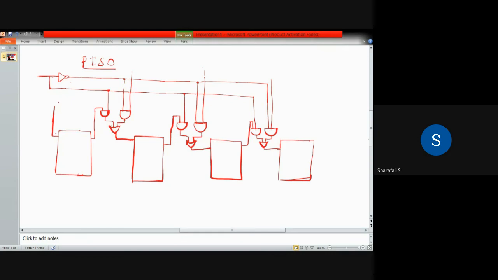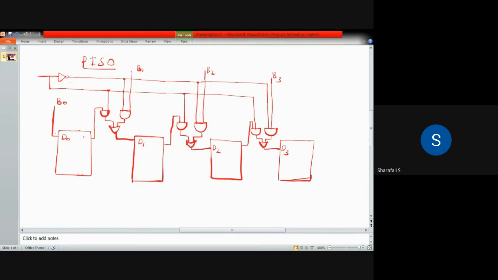Now let's consider this as your B0. This is your B1. This line is B2 and this is B3. Bit 0, bit 1, bit 2, bit 3. And you will have these as your D0, D1, D2, and D3.